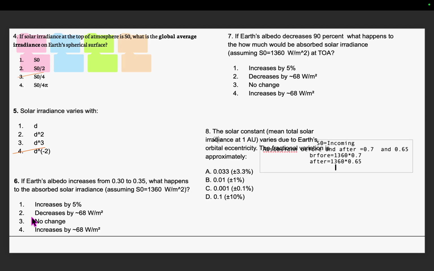Question 7: if Earth's albedo decreases 90%, how much would be the absorbed solar irradiance at the top of the atmosphere? Increase by 5%, decrease by 68 watt per meter square, no change, increases by some factor.